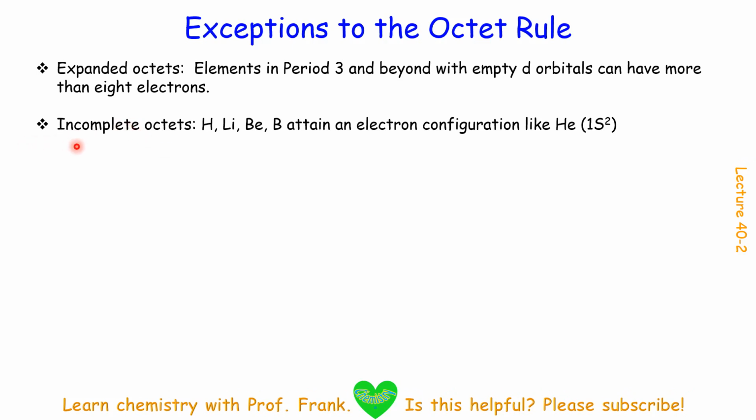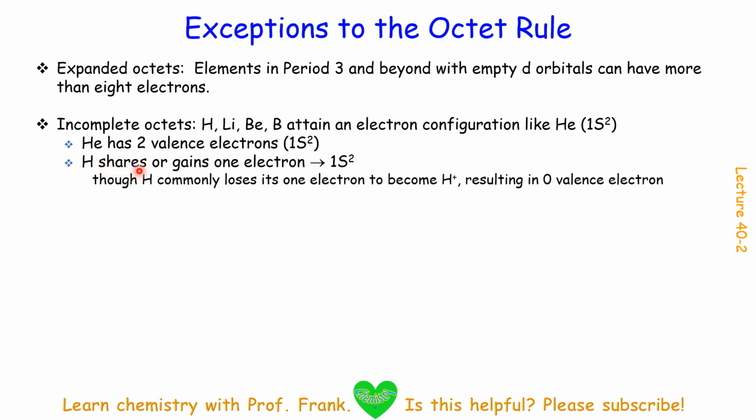On the other hand, there are incomplete octets for the smaller, lighter elements. Those elements, after forming compounds, typically will have a helium-like electron configuration, 1s2, because helium has 2 electrons and its electron configuration is just 1s2.